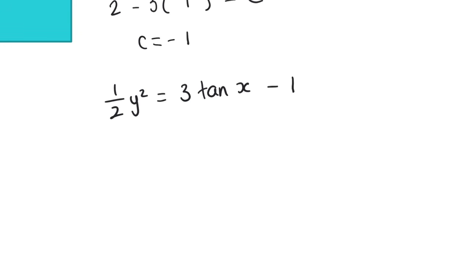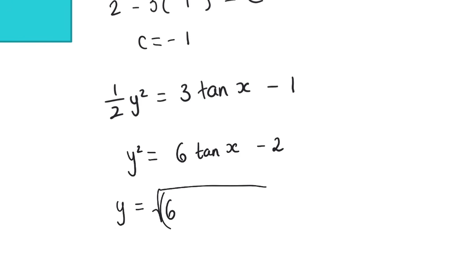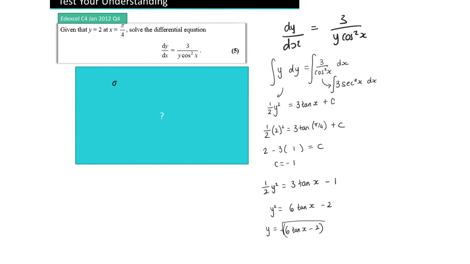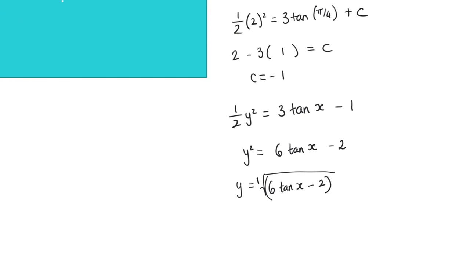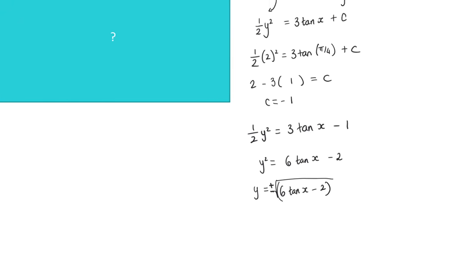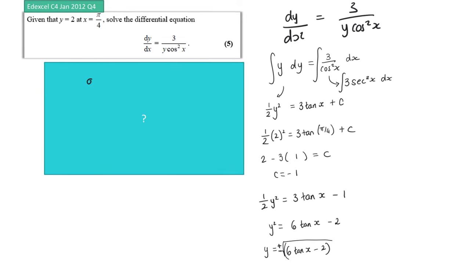How do I rearrange this to get y equals now? Multiply both sides by 2, so I get y squared equals 6 tan x minus 2. And then how do I get rid of the square? Square root it. So y equals the square root of 6 tan x minus 2. Maybe just put plus or minus as well.